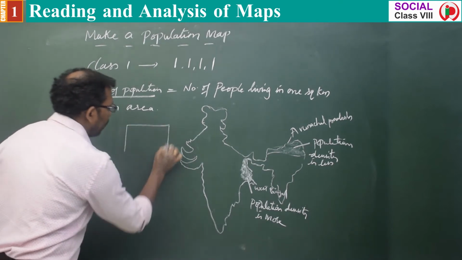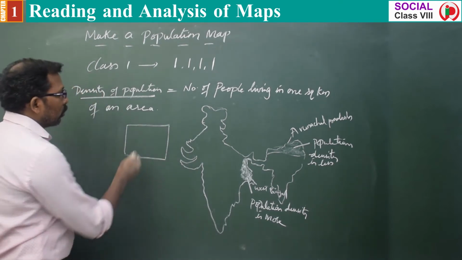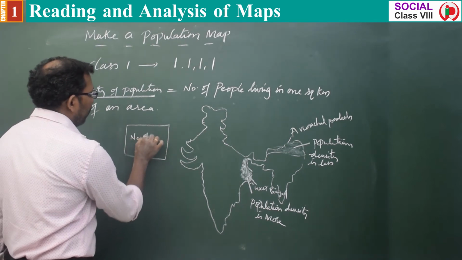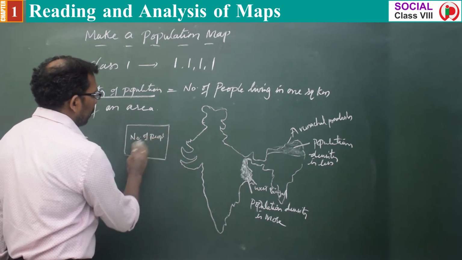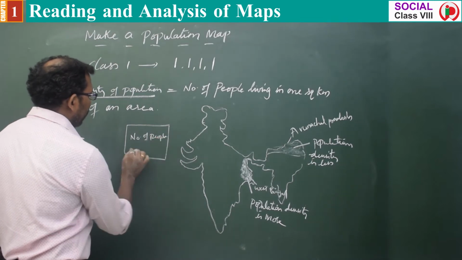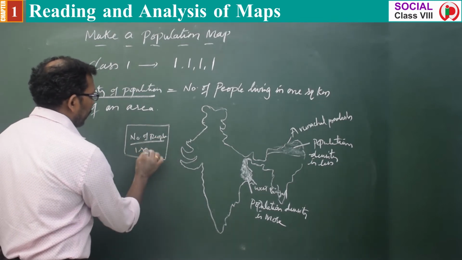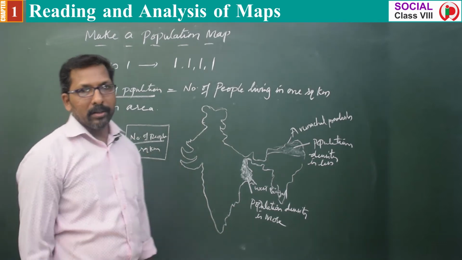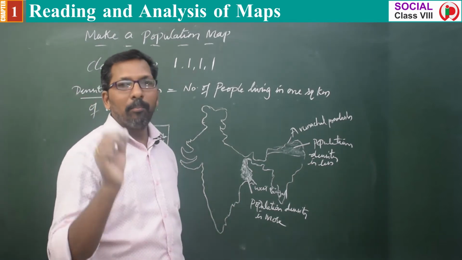This is the 1 square kilometer. So how many people are living? Number of people in 1 square kilometer, that is the density of population.